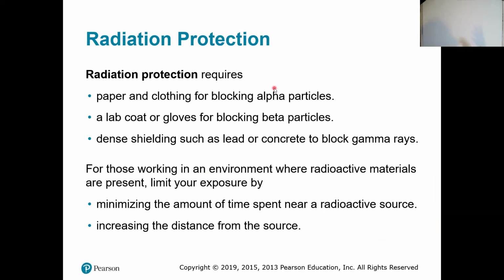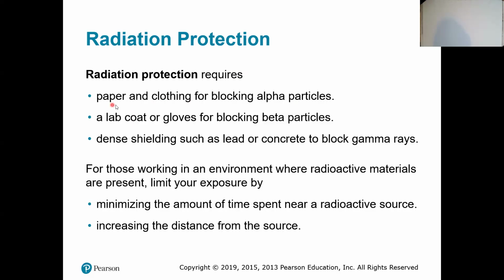When you know that you're going to be working with any type of radiation, you are going to be wanting to provide yourself with some type of protection from that radiation. And the type of protection that you're going to require is going to depend on the type of radioactive particles that you know you'll be working with. So if you're working with alpha particles, you don't need very much in terms of shielding.